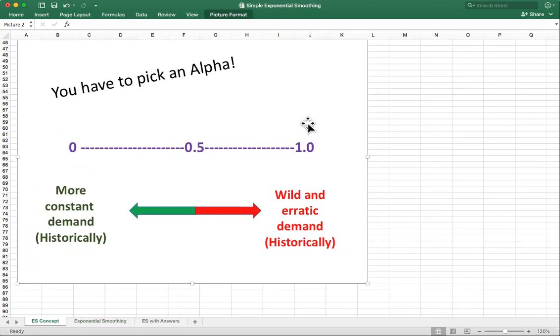If you have wild and erratic swings and you can't explain them, you're going to pick an alpha that is closer to 1. All that picking an alpha closer to 1 is going to say is, hey, listen, I've got to rely more on current data than I do on the past. By contrast, picking an alpha closer to 0 says, hey, I'm going to rely more on what's happened in the past with our forecasting than maybe what's going on right now.